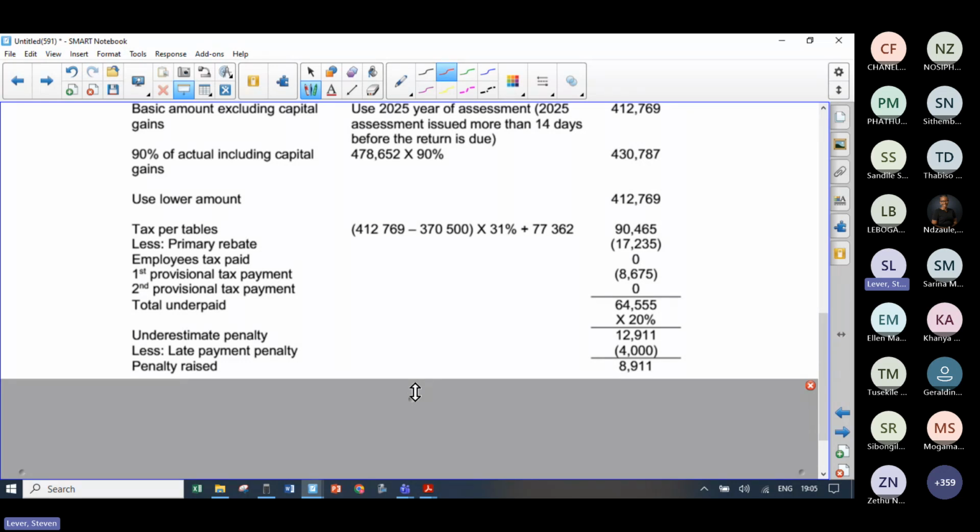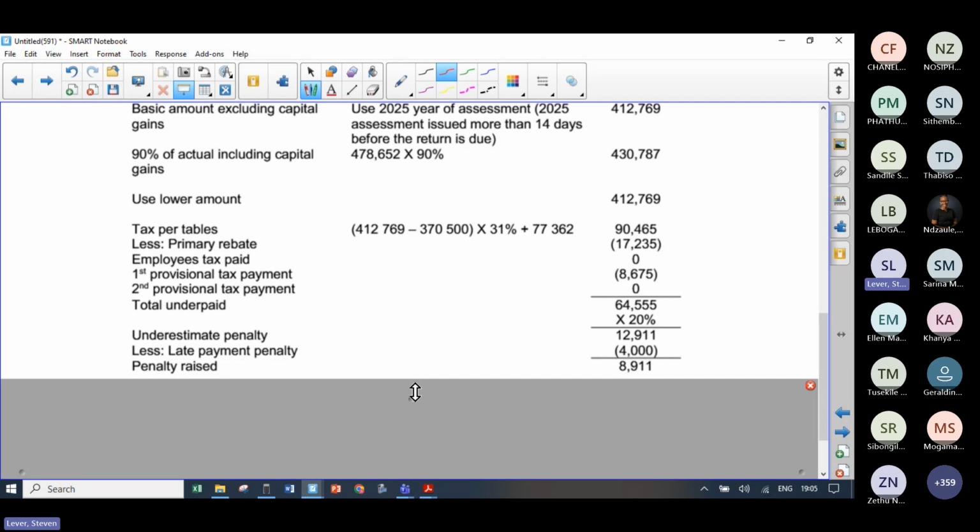I find that people really struggle with provisional tax, so I've just tried to give you one of each type of calculation. This is like your provisional tax masterclass. I find students really struggle with this, so I'm just showing you how to actually do this. Okay, here's your masterclass. There should be no other provisional tax questions you need to do.